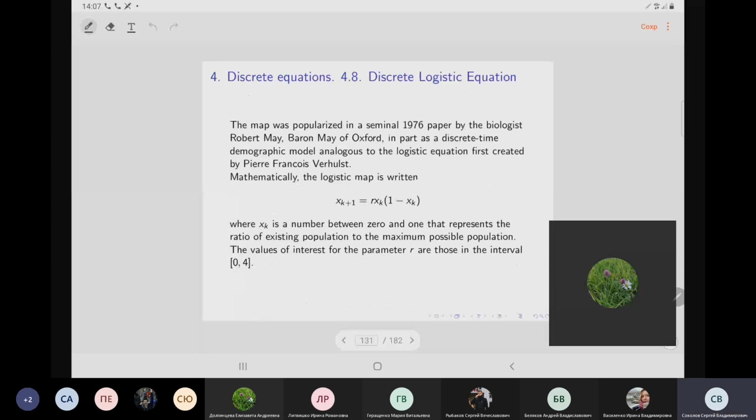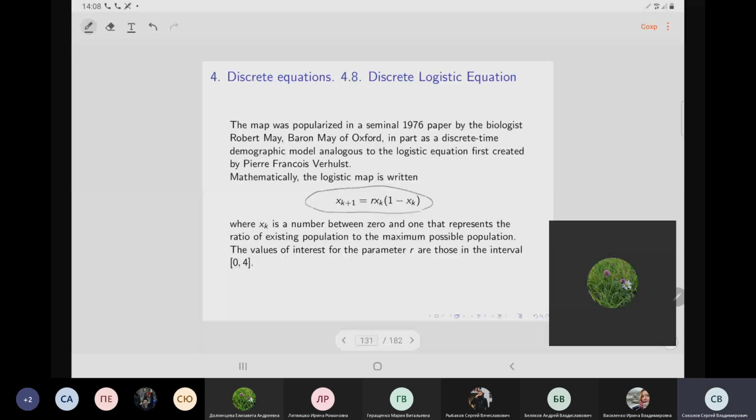Let us analyze a bit more deeply the discrete logistic equation. In this form, it is very close to our Verhulst equation, but we analyze it just because it is very simple to analyze.